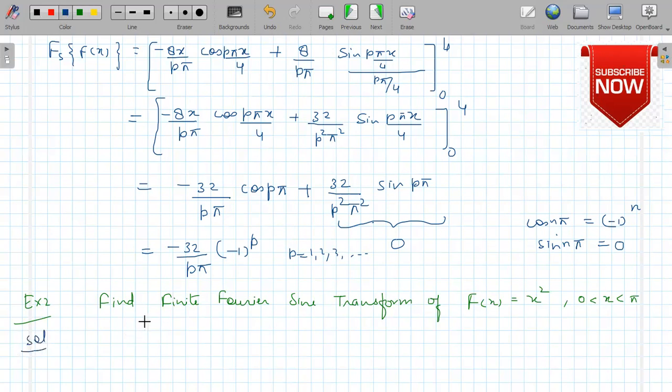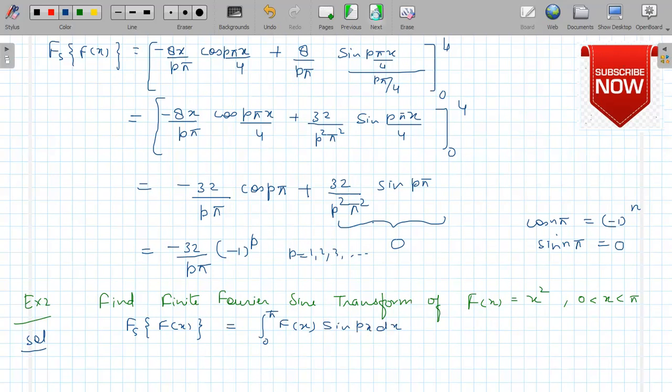So again, we use the definition of finite Fourier sine transform of the given function f(x) is equal to integration 0 to π, because we are given the interval 0 to π. So we have 0 to π limit, and we have here sin(px) dx.